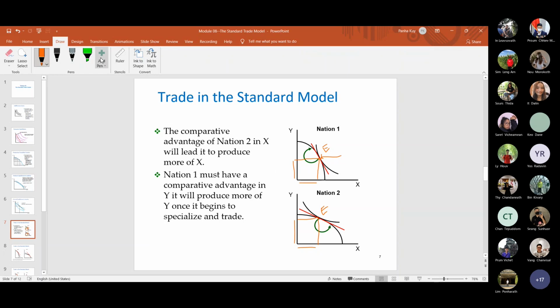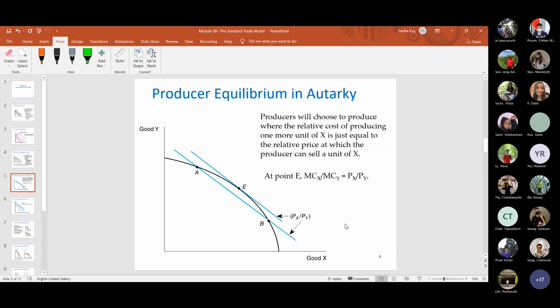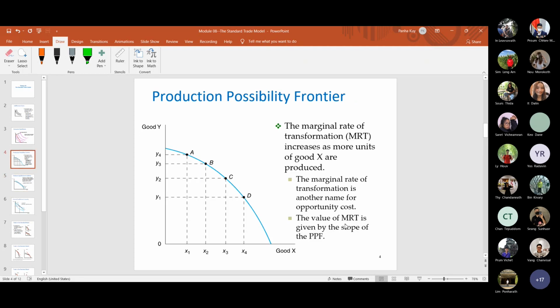How can I make it a little bit clear? Okay, let me show you again first. Let's look at this production possibility frontier first.